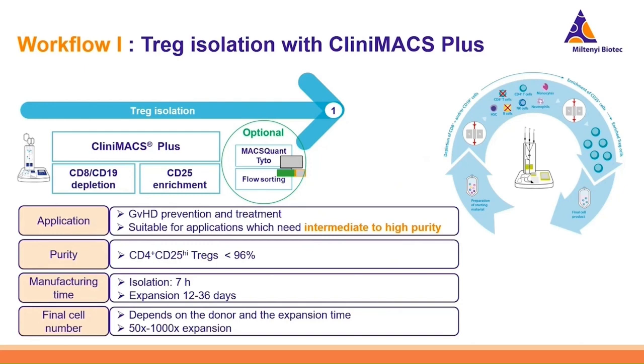This workflow is used in graft versus host disease, and here the aim is to get intermediate to high purity Tregs out of it with around 96% of purity. The whole isolation process takes 7 hours, and the expansion phase, depending on the requirements, can last from 12 up to 36 days.